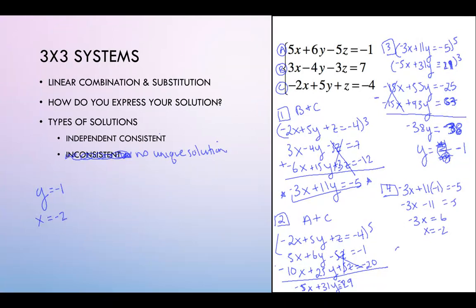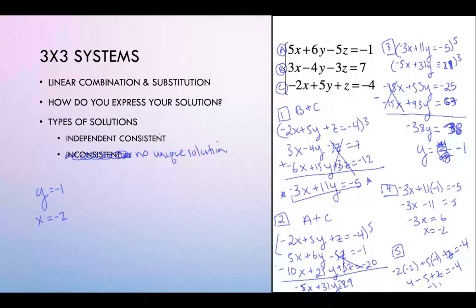And then finally, number 5, my last step, I've now got x and I've got y. I'm going to go ahead and plug it into, I think I'm going to go with c because z is already by itself. So negative 2 times negative 2 plus 5 times negative 1 plus z equals negative 4. So you've got 4 minus 5 plus z equals negative 4.